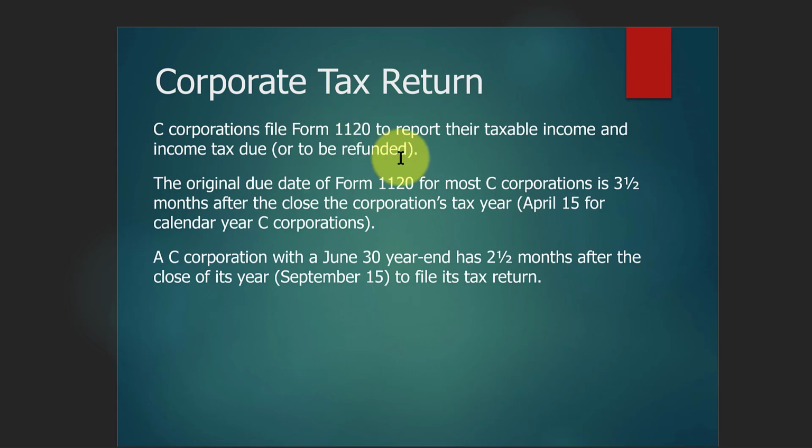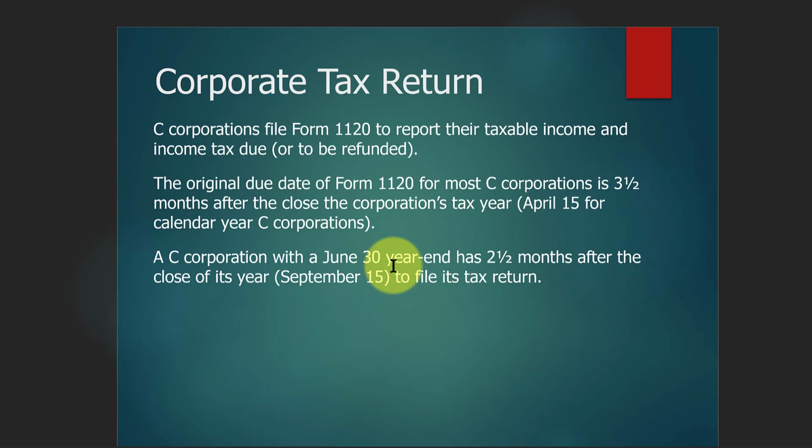The tax return for a corporation is due 3.5 months after the year is over. So just like individuals, if you were a calendar year end corporation, your tax return will be due on April 15th. There's a special due date for corporations with the year end of June 30th, as you can see here.